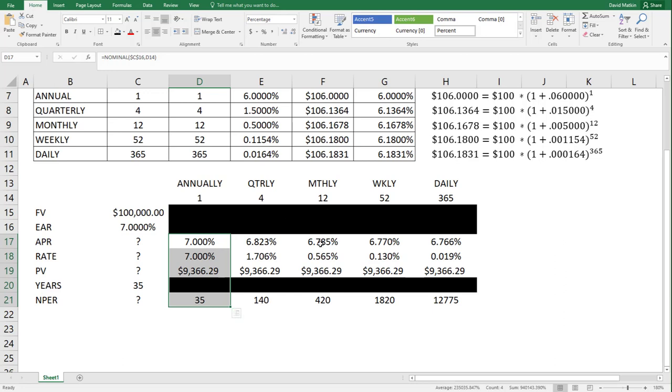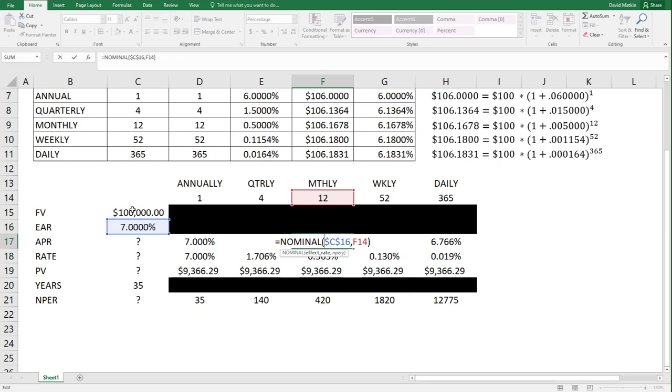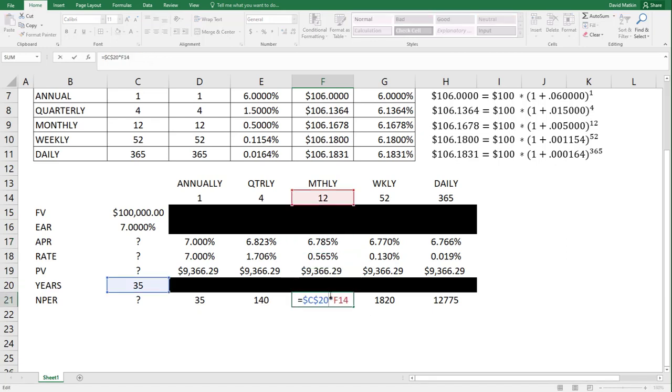If I want to use a monthly transformation on that money, I have to adjust the effective rate to find out what its equivalent nominal rate would be, and I have to adjust the number of periods that I'm looking at, but it's going to give me the exact same result.